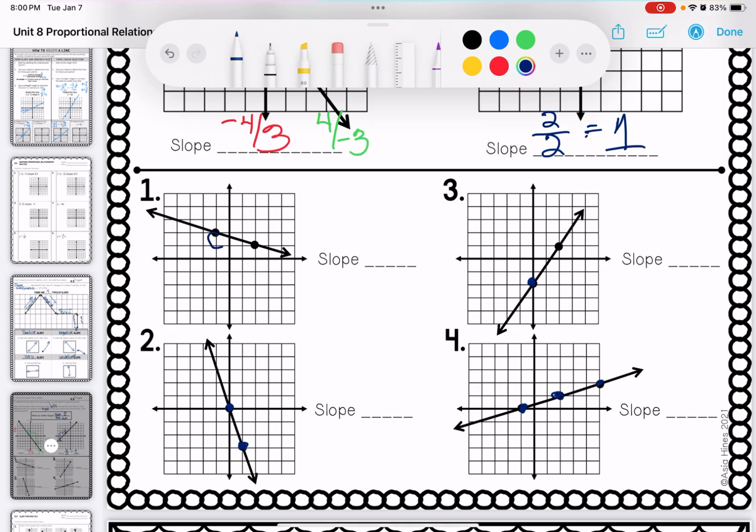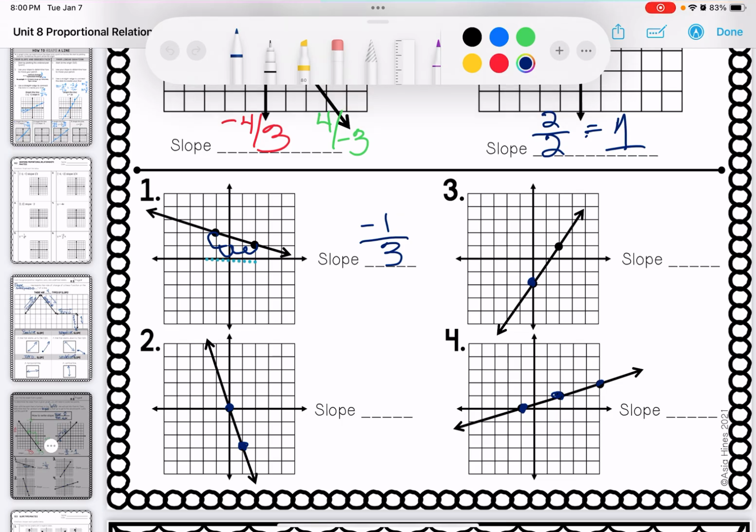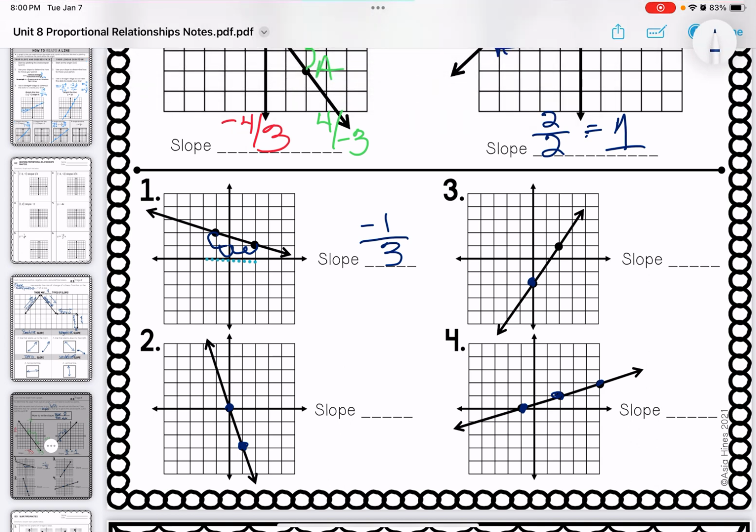So I'm going down 1. So that's negative 1. Then I'm going over 1, 2, 3. So positive 3. So my slope is negative 1 over 3.